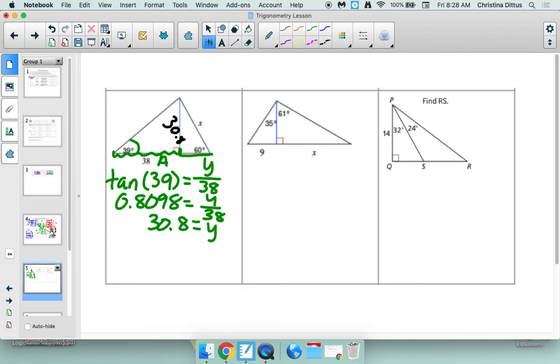Alright. Now how am I gonna find x? I'm going to use sine, because I'm going to use what angle? 60. How does 30.8 relate? Opposite. How does x relate? So write out my little equation for me.